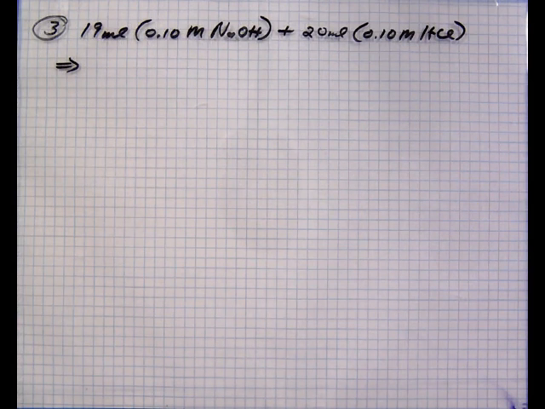Now then, for the next calculation in the titration sequence, we'll bump up the base addition to 19 milliliters of 0.1 molar sodium hydroxide and its effect on 20 milliliters of 0.10 molar HCl. Now we'll have 39 milliliters total, so we can divide by 0.039, convert the moles back to molarity.